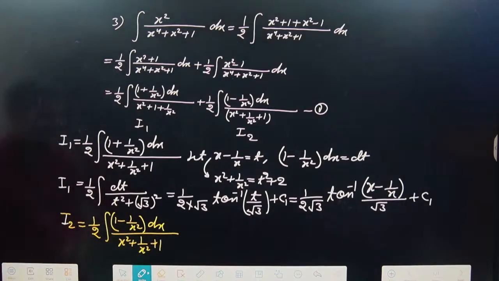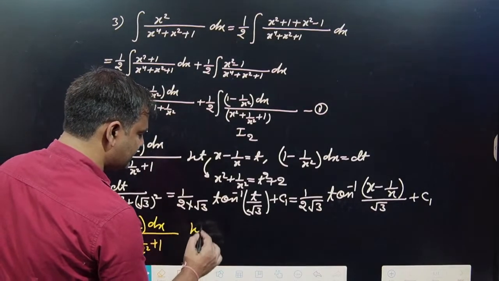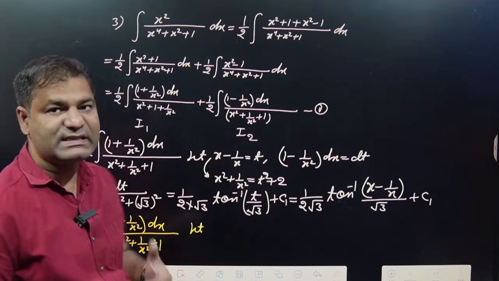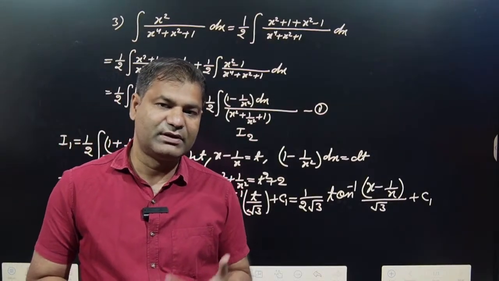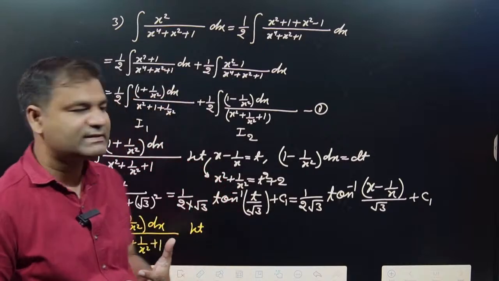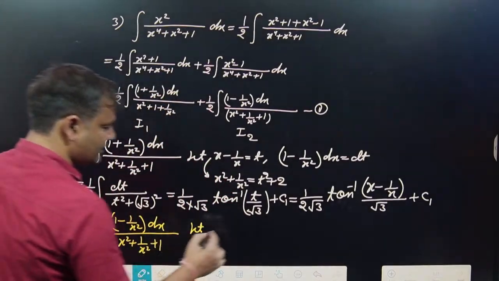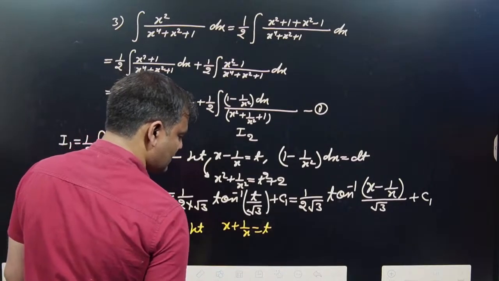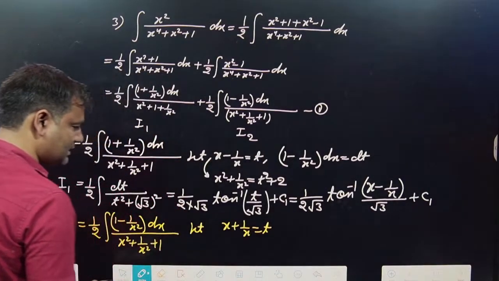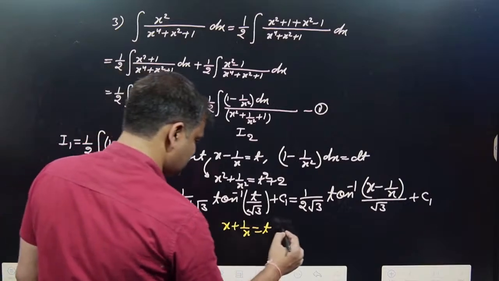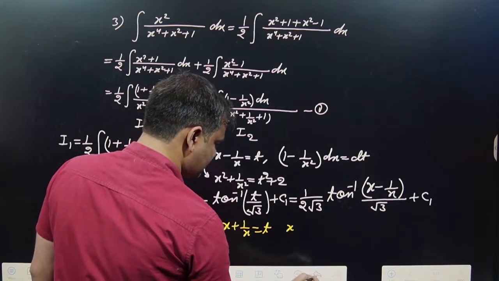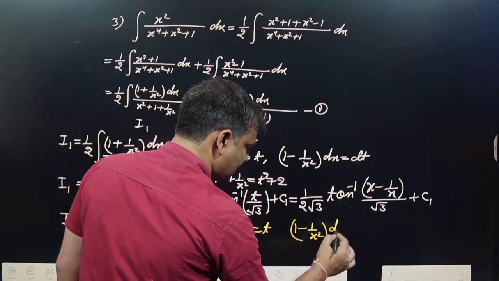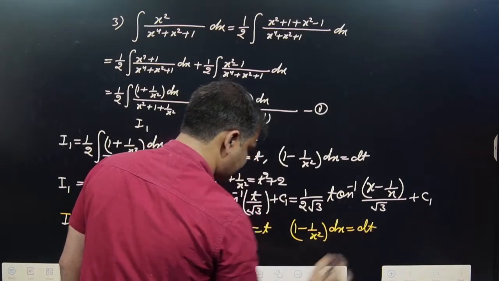How can we solve? Simply let x plus 1 upon x be t, then the differentiation of that, 1 minus 1 upon x square dx, is replaced to dt.